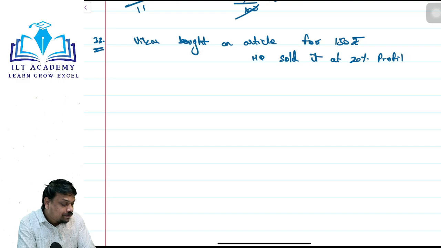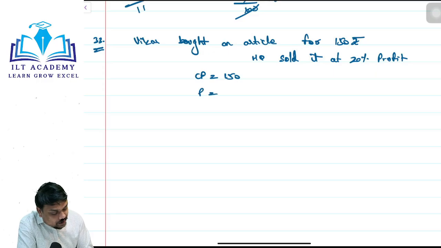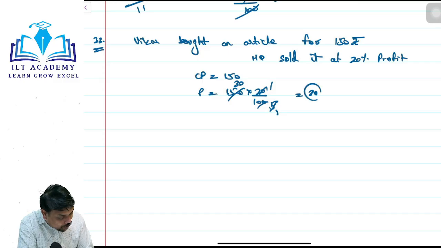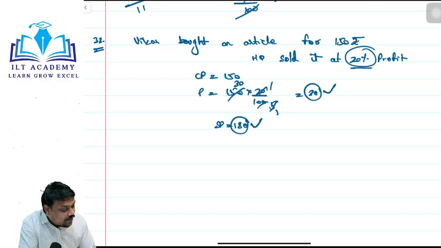What does this mean? Cost price is 150, profit is equal to 150 into 20 divided by 100, which is 30. So the profit in rupees is 30. So the selling price of the article is 180. So when he sells at 180, the profit percentage is 20%. There is no need to find this, everyone makes a mistake here.